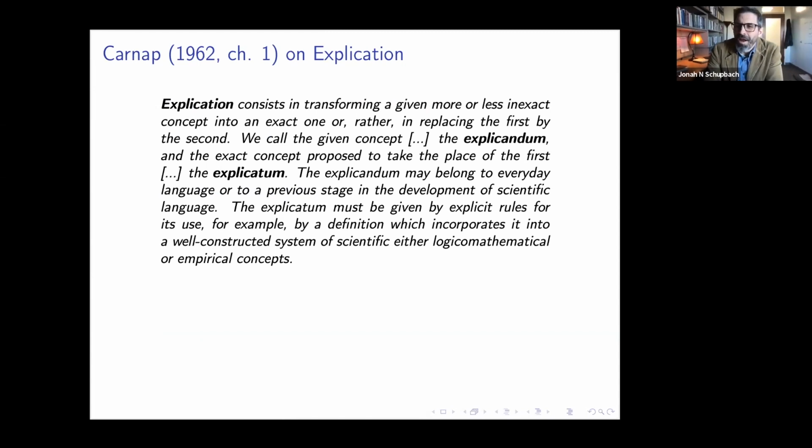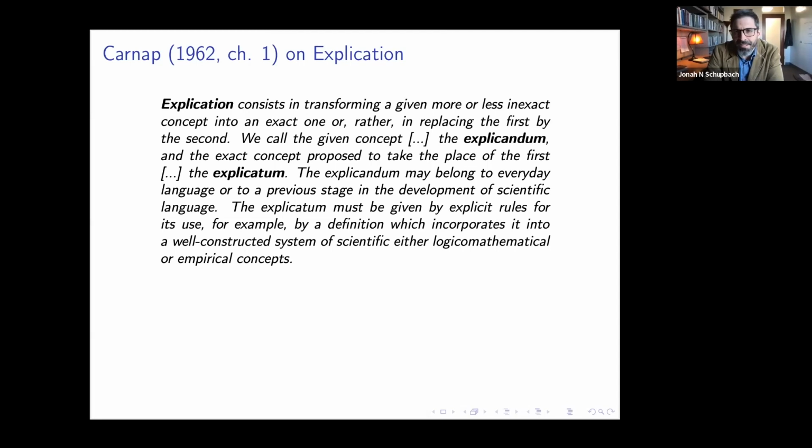So again, let's start with just remembering what Carnap said about explication. I think this will be helpful for us to set the stage for where I want to take this today. Carnap, in his chapter 1 on explication of his Logical Foundations of Probability, writes this: explication consists in transforming a given more or less inexact concept into an exact one, or rather in replacing the first by the second.